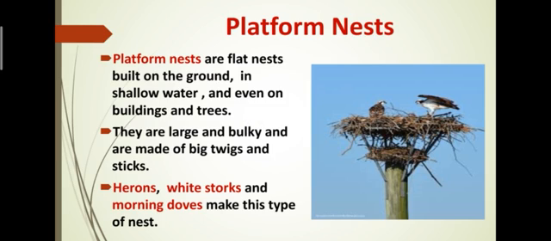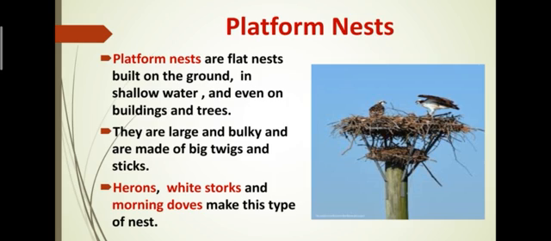The next type of nests are platform nests, in which the birds make a flat nest either on the ground or in shallow water, and even on buildings and trees. The shape of the nest is large and bulky.